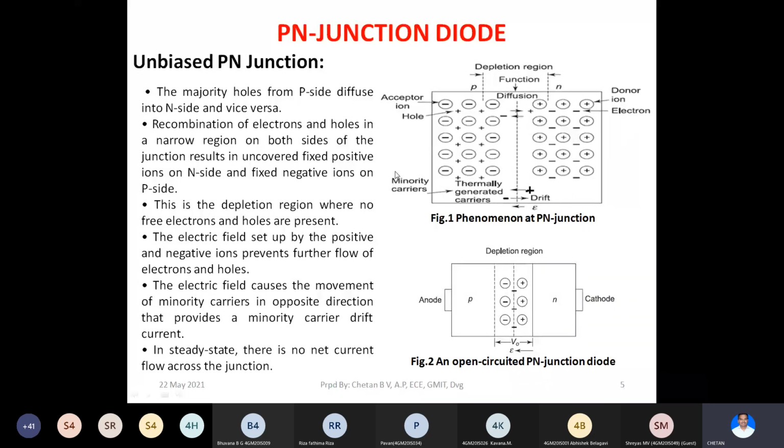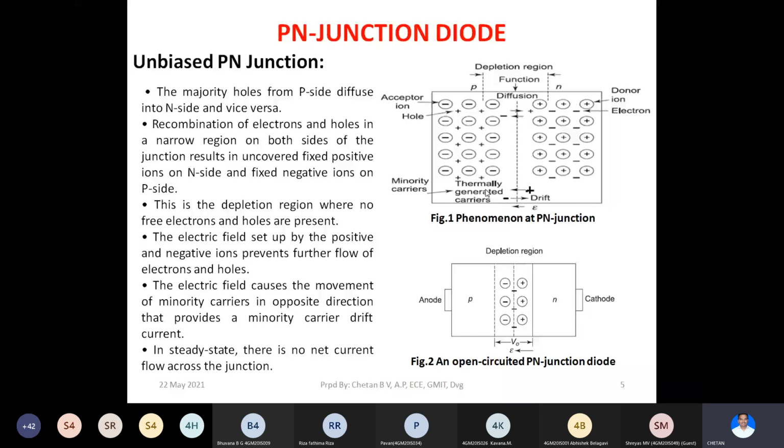The number of these minority carriers will be very small, and they are thermally generated, due to the heating effect. This electric field will assist the movement of minority carriers.